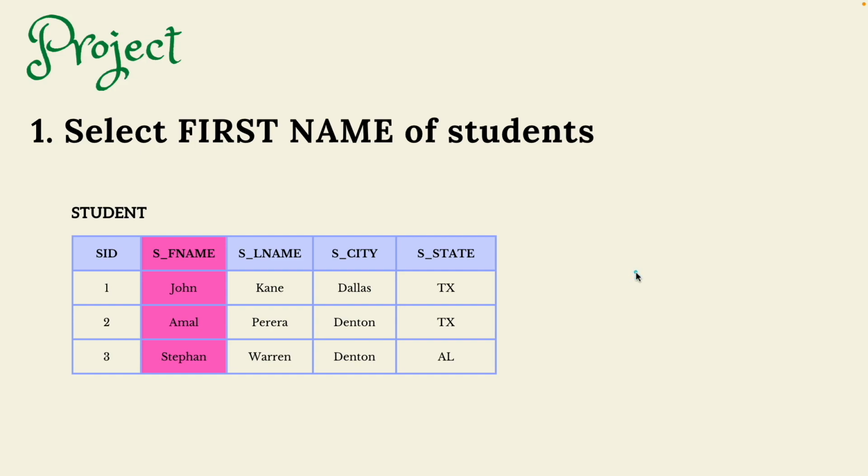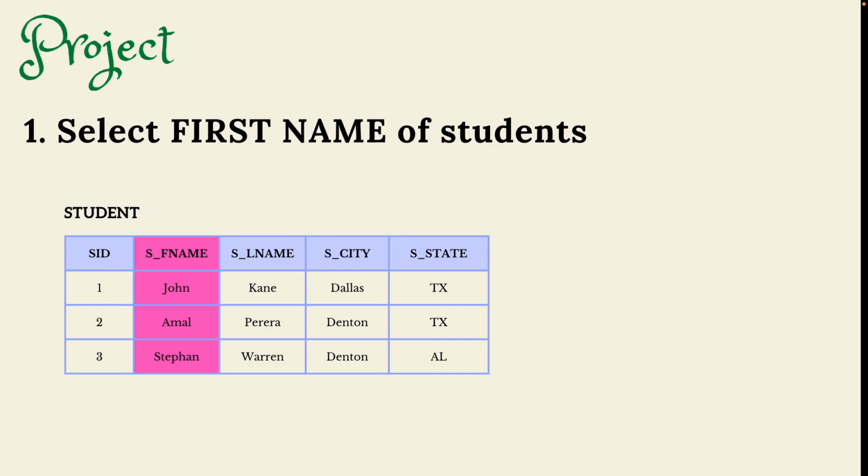Now let's move on to our project operator. Project operator simply selects the specified attribute values. For example, select first name of students.